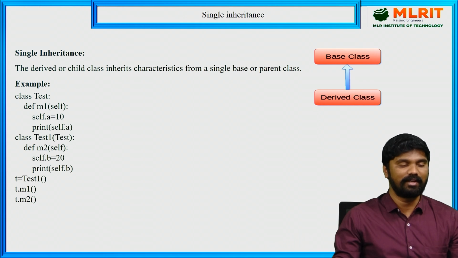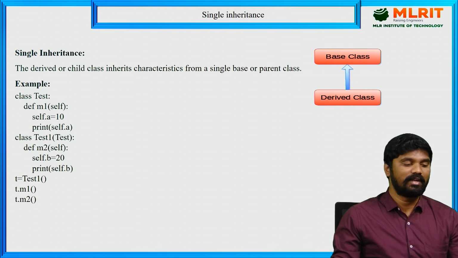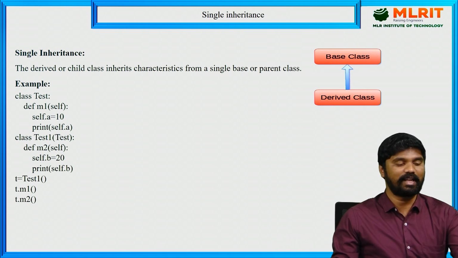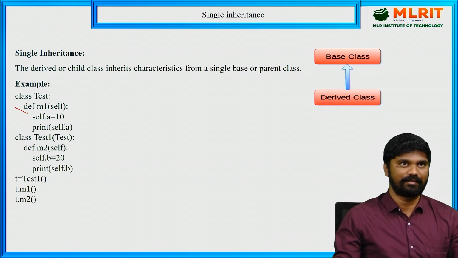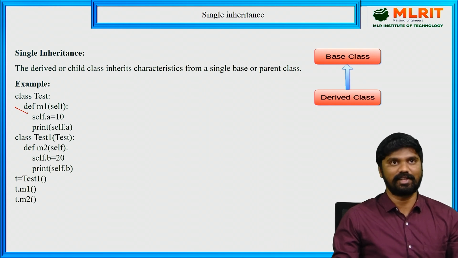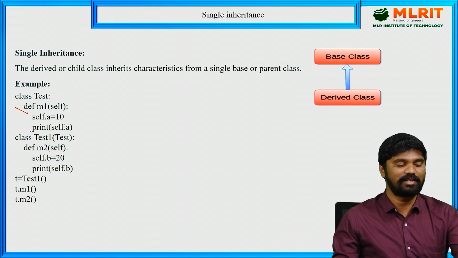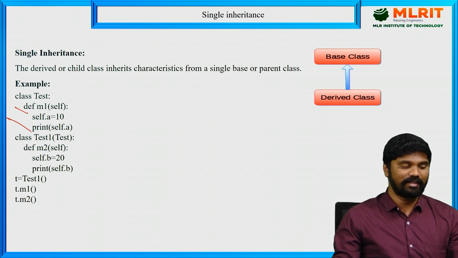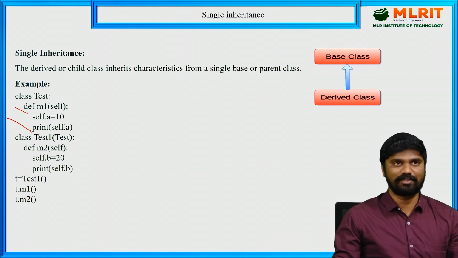Now see here, an example. One class is there, that is the test class. In the test class we define the M1 method, which is an instance method. In this instance method we define an instance variable and also print the instance variable value. After that we define another class, test1.